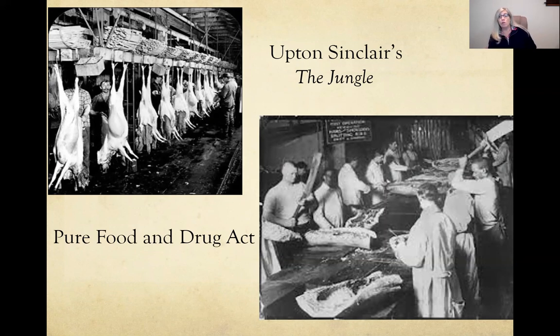So for example, when you go to the grocery store now and you buy a package of meat, it's going to say at the top, grade A beef, meaning that this is coming from a facility that is inspected on a regular basis by government officials, maintaining these certain standards of cleanliness and sanitation.